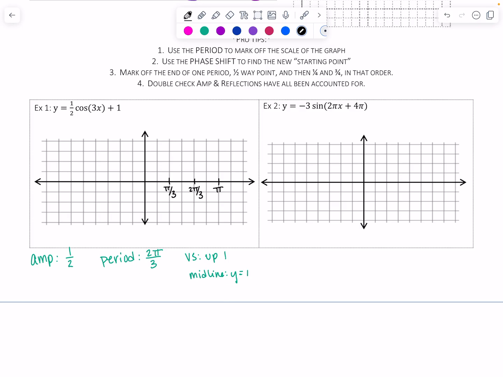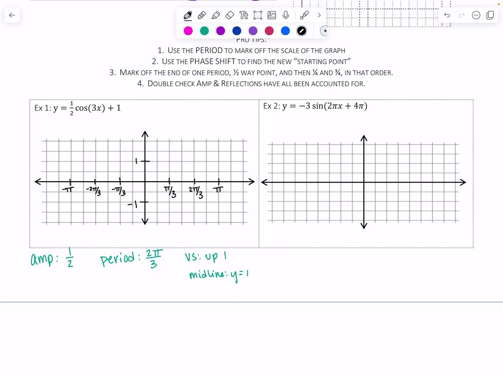All right, and then I'm going to go in the other direction, of course, as well. So this is negative pi over 3, negative 2 pi over 3, negative pi. Okay, and then for our y's, I'm going to have to go by 1/2 because my amplitude is 1/2, so I'm going to be at 1 and negative 1.